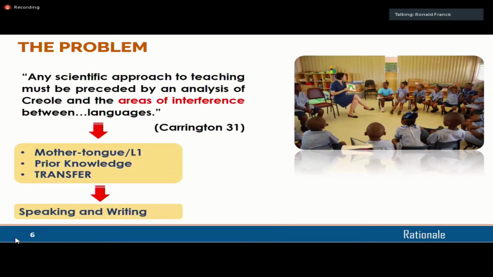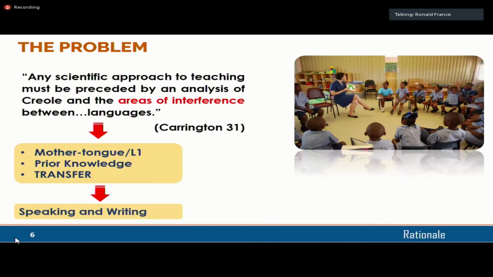Of course, Carrington, who wrote the grammar of Creole, said that any scientific approach to teaching must be preceded by an analysis of Creole and what he called areas of interference, even though the term is not really popular in second language learning right now, between languages. And what he means by that is mother tongue influence, basically L1 or prior knowledge, what a student comes into the classroom with, and basically what kind of transfer happens between the L1 and the L2.